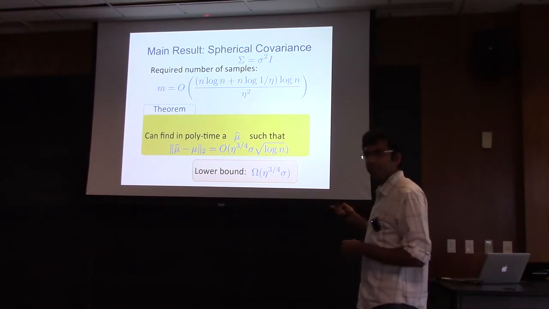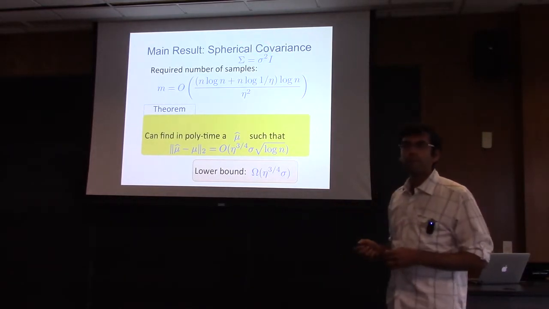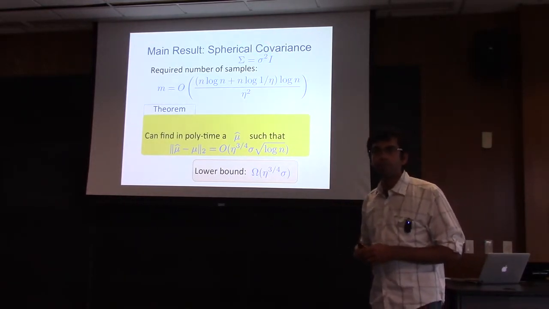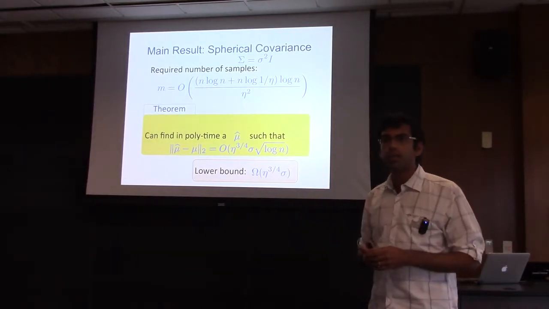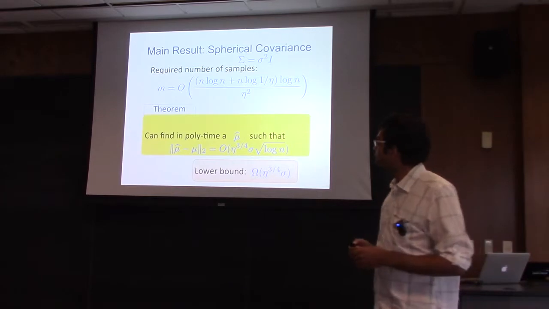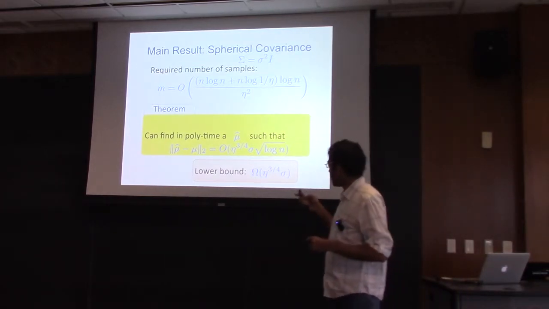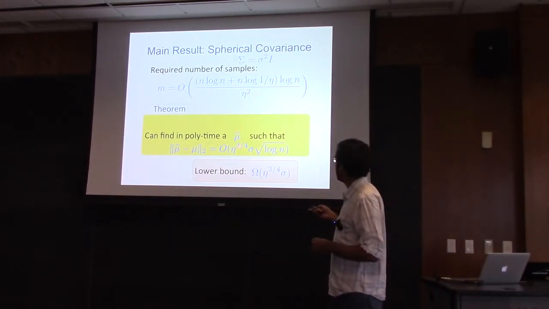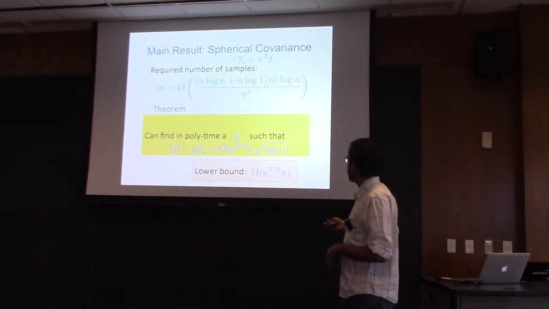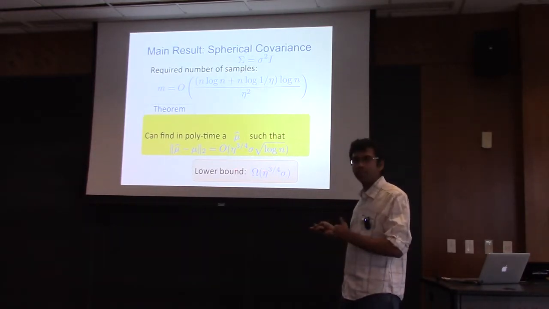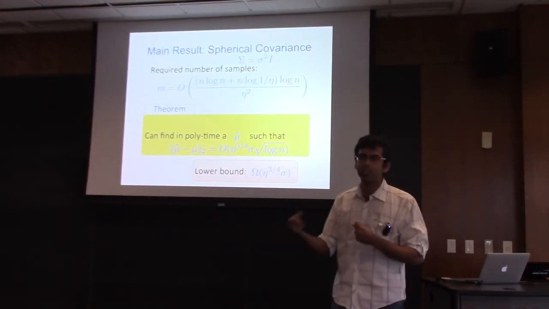What's the dependence of the bound on the number of samples M? As M goes to infinity, does the bound go to 0? It doesn't go to 0. If there is eta fraction noise, you can't do better than this, regardless of how many samples you have, because these are chosen by an adversary.